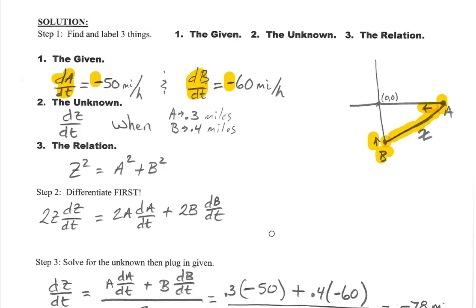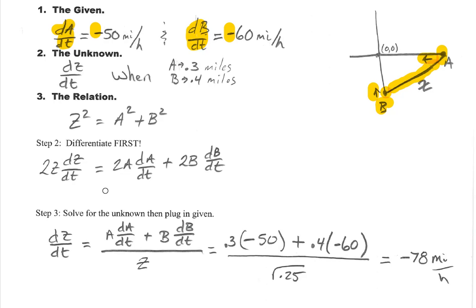The relation then is the Pythagorean theorem, z squared equals a squared plus b squared: the leg b squared plus the leg a squared is equal to the hypotenuse z squared.